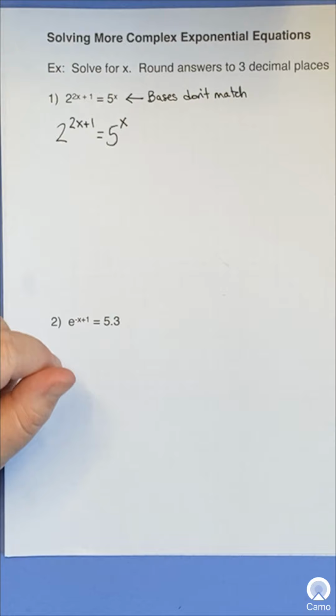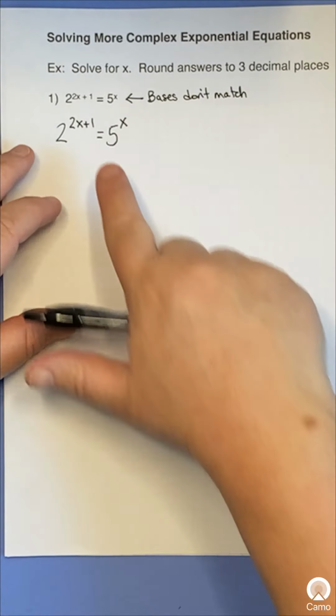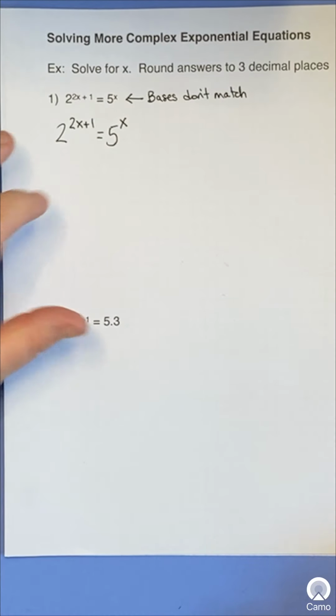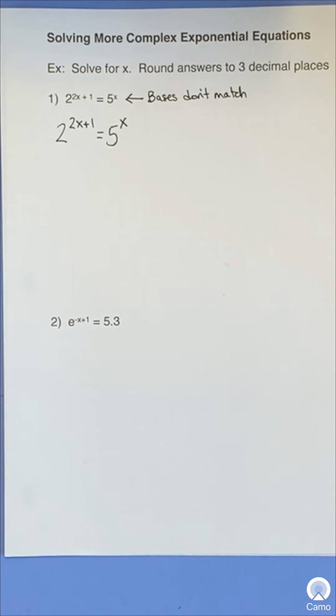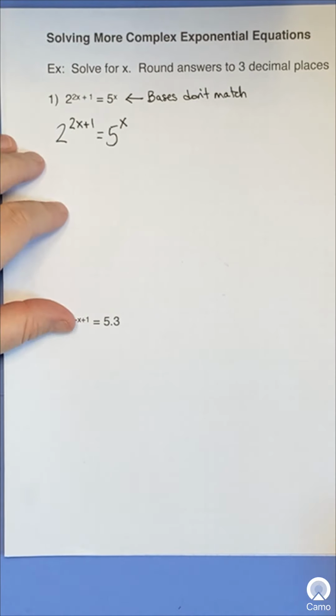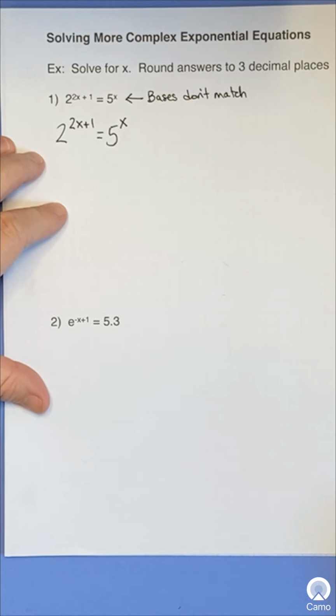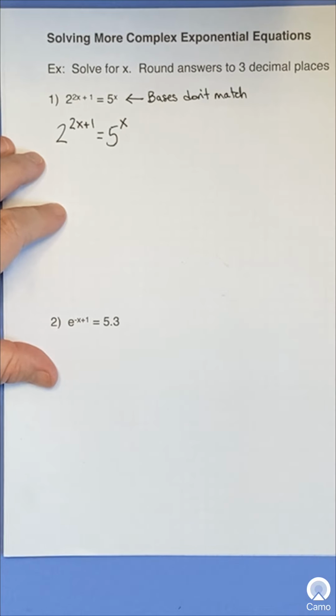So here, it's going to be really hard to make the 5 into something that is base 2 to some power. So what are we going to do? Well, what we're going to do is use logarithms. Because I happen to know that when you take the log of an exponential, some magical things happen.